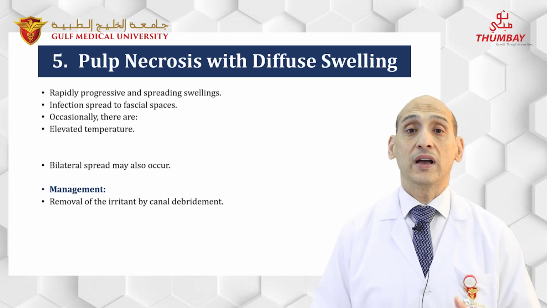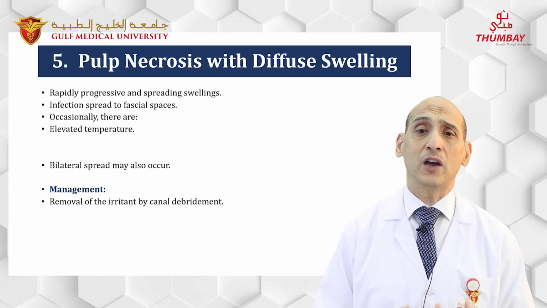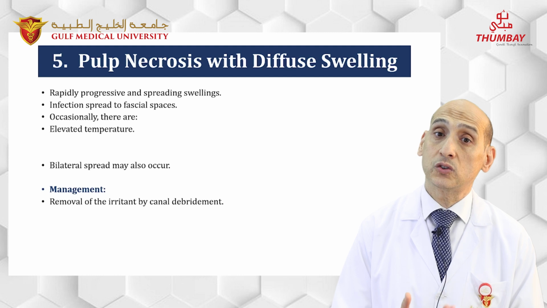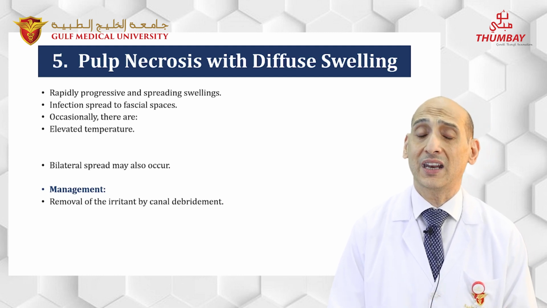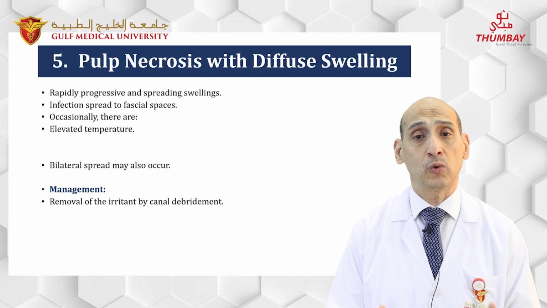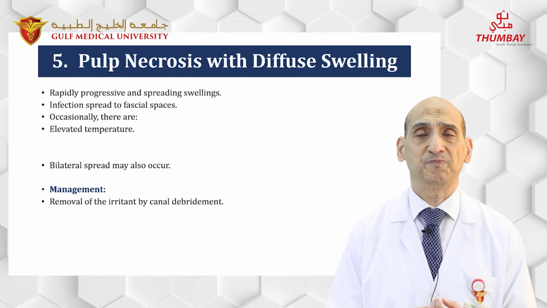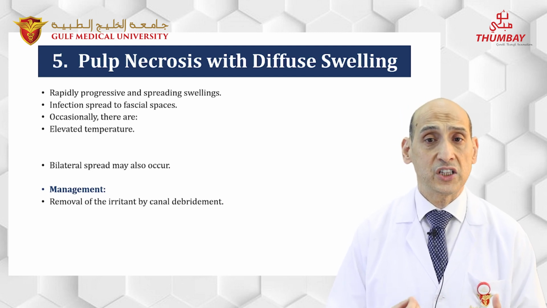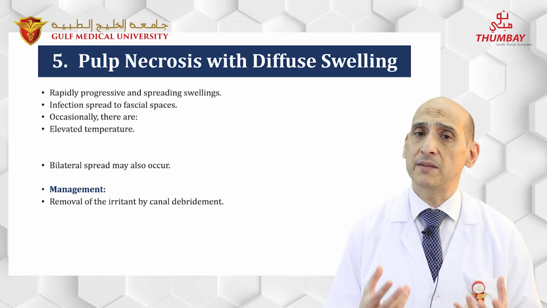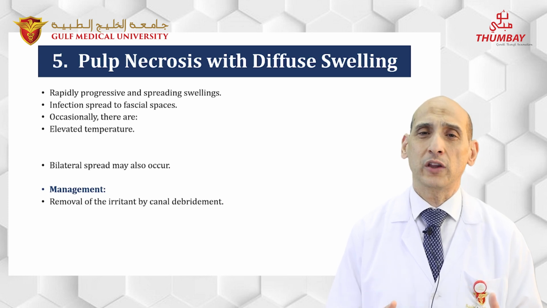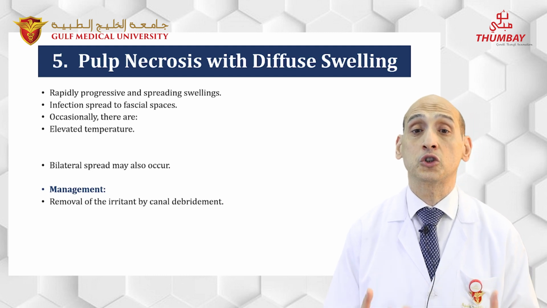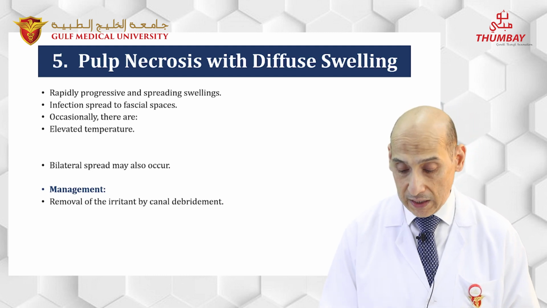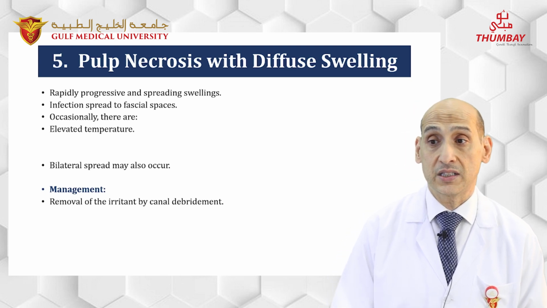In the management of this case, I will open the access cavity and debride the canals. I can violate the apex to ensure drainage from the root canal, but most of these cases will not drain from the root canals, and they need to be hospitalized and to have an extraoral incision.